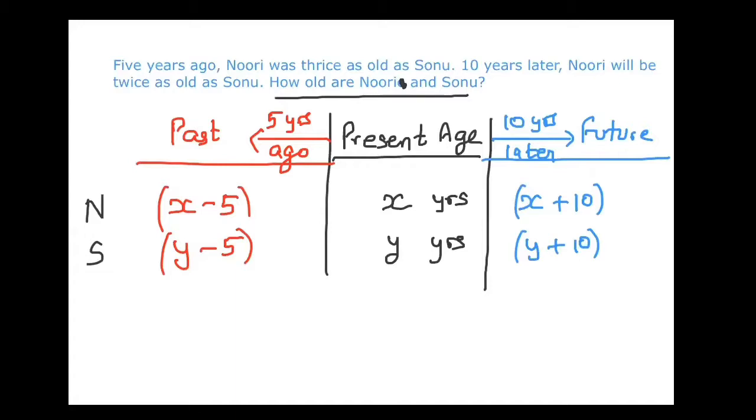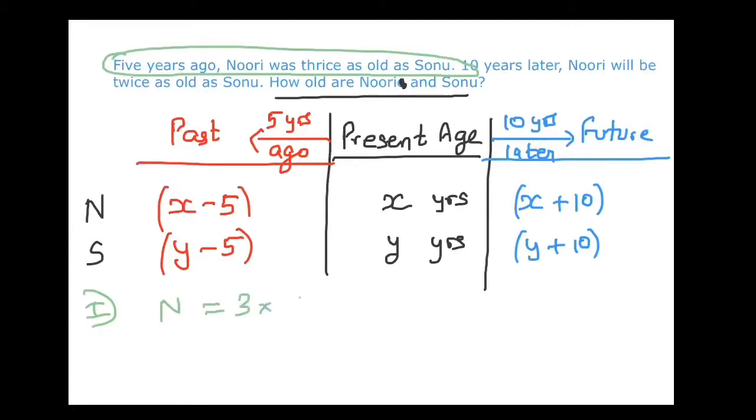Now the first condition, 5 years ago, Noori was thrice as old as Sonu. When they were talking about 5 years ago, take the age of Noori 5 years ago, X minus 5 is equal to 3 multiplied by the age of Sonu, that is Y minus 5, and simplify this equation.